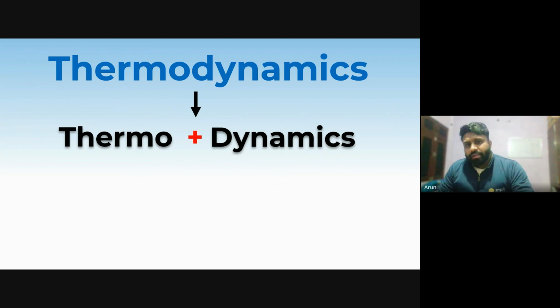Okay. So thermodynamics, if you see, is made up of 2 words, thermo and dynamics. Thermo means heat. And dynamics, we have already covered in the part of mechanics. The dynamics part deals with the cause of the motion. So thermodynamics tells us that whenever we have heat, we are applying force in terms of heat.